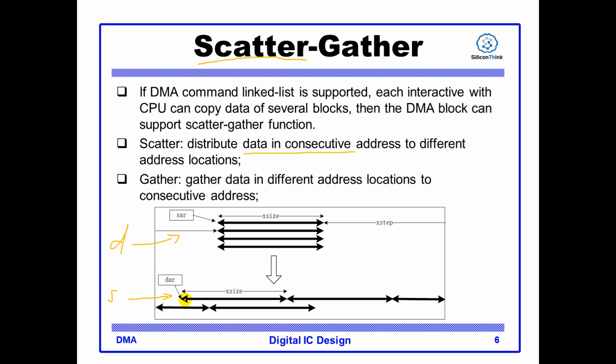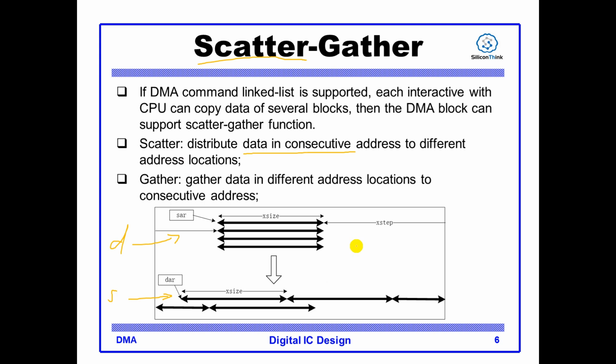At the source location, data are stored in consecutive addresses, while at the destination address, there is some gap between each segment of data. So if the DMA core can move data in such behavior, we say it supports the function of scatter.